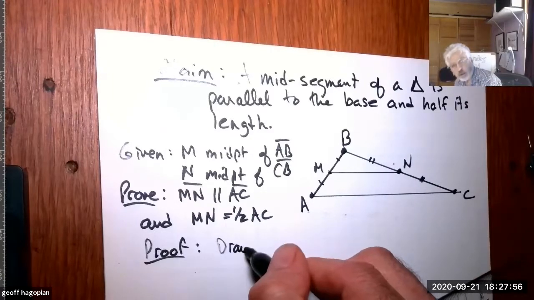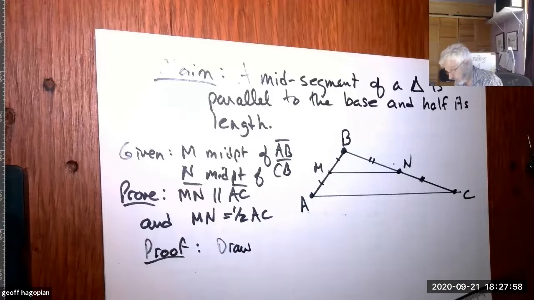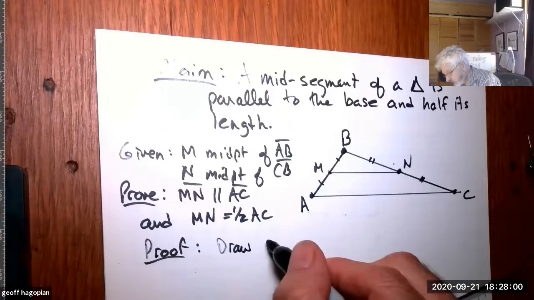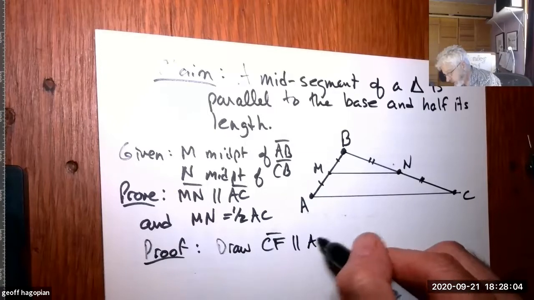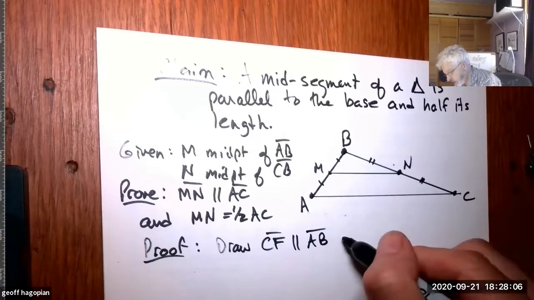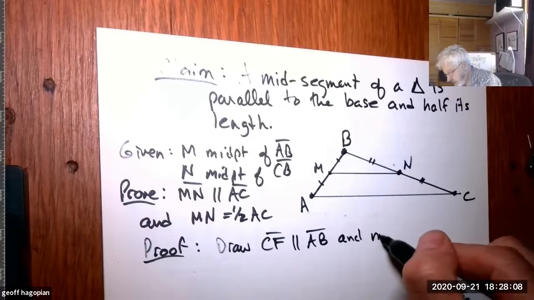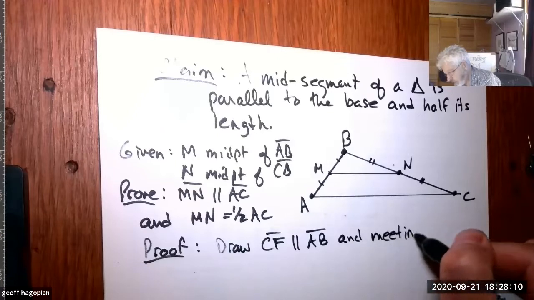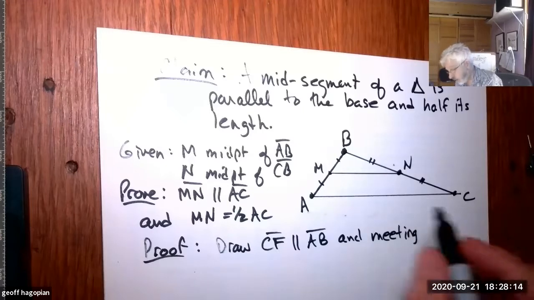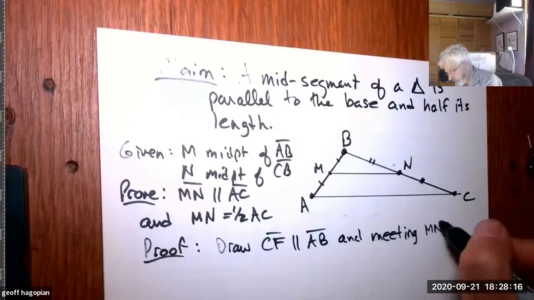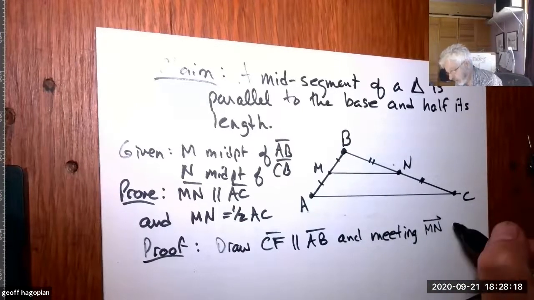Draw CF parallel to AB and meeting MN, the extension of MN at, should we call it E?